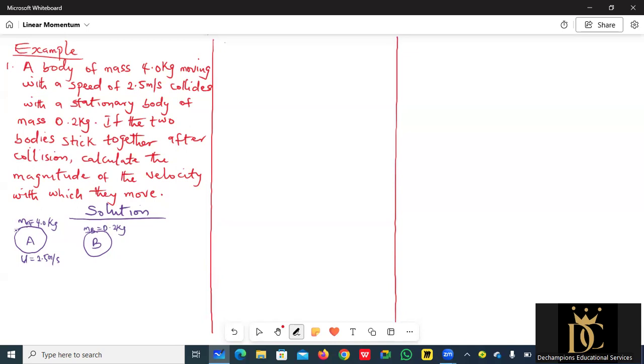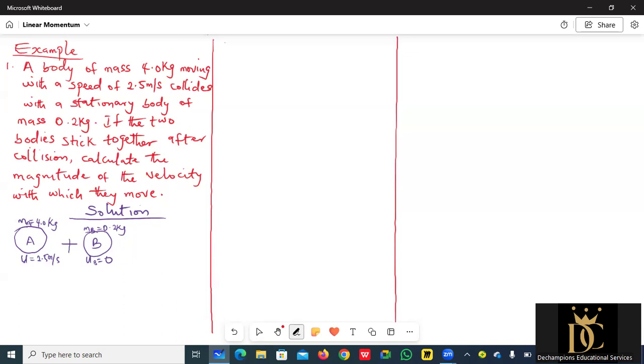But the velocity of object B, stone B, is 0. That is UB equals 0, because it is a stationary object, not moving.